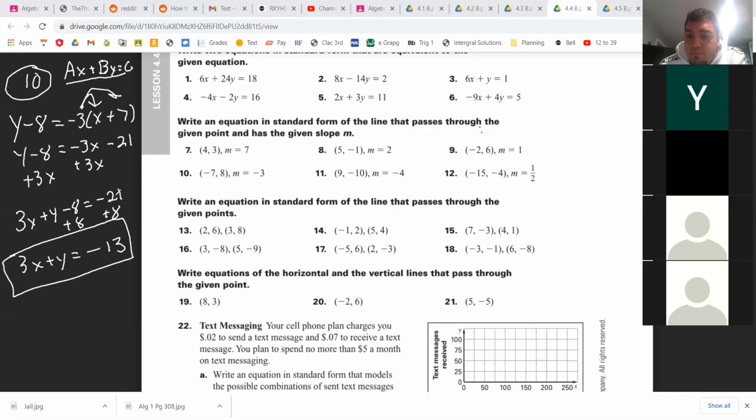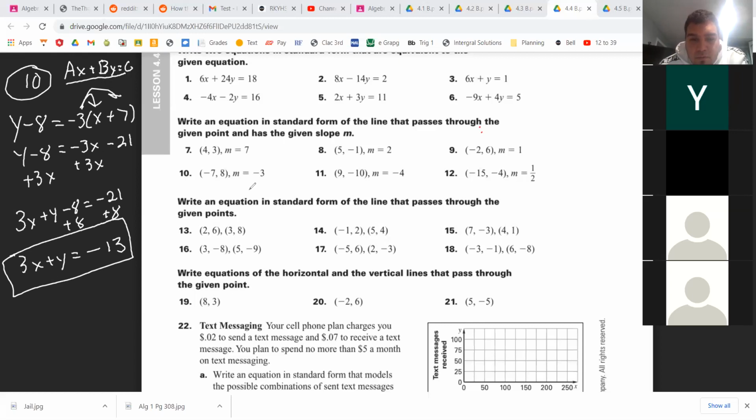We got that easy. Would you mark it wrong if I wrote the answer y plus 3x equals negative 13? It's most right when it's a plus y. I would not mark that wrong though, but I would probably circle it and say, let's fix it. But don't we have to get x by itself also?